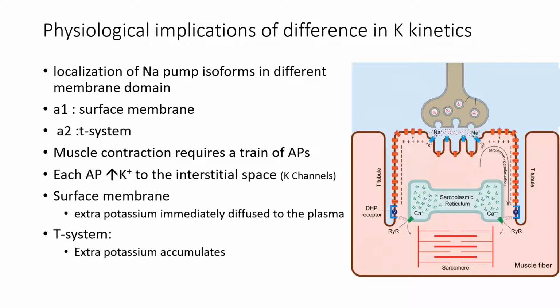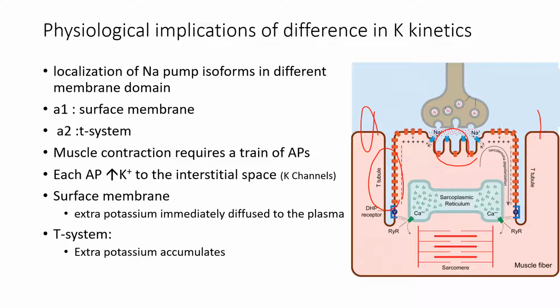So what are the physiological implications of the difference in potassium kinetics? Let's go back to the localization of the sodium pump isoforms in different membrane domains. As I mentioned, alpha-1 is expressed in the surface membrane, alpha-2 in the tubular system and neuromuscular junction.